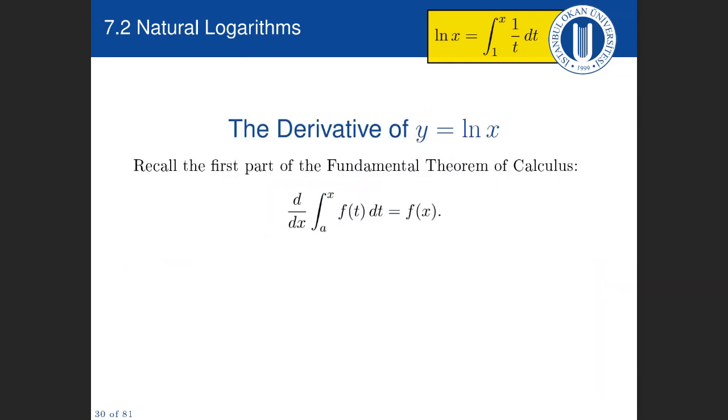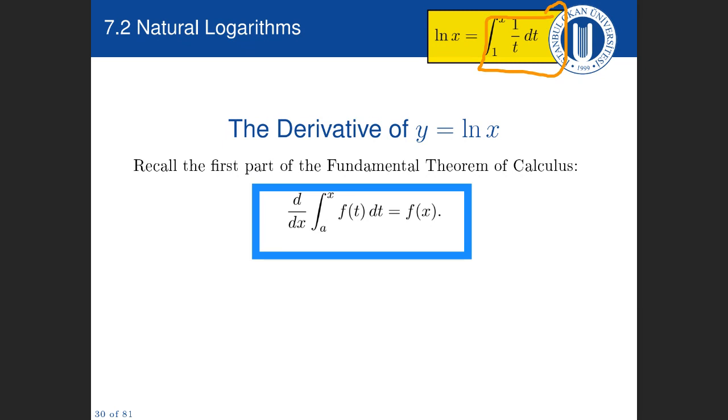First, let's talk about the derivative of the natural logarithm. Well, the natural logarithm is defined to be an integral. And if you remember the first part of the fundamental theorem of calculus, that told us how to calculate the derivative of an integral. The derivative of an integral from a to x of f of t dt, all we do is we take the integrand f of t and replace the t by an x to get f of x.